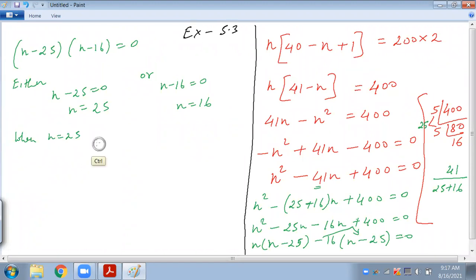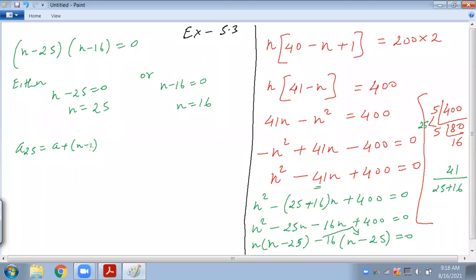A25 will be equal to what? A plus n minus 1 d. So we got n as 25 and 16, so we'll find the 25th term and the 16th term and see what will be the value of a25 and a16.